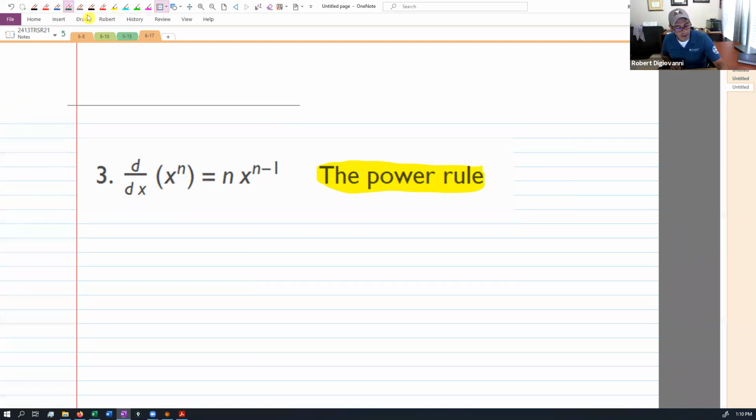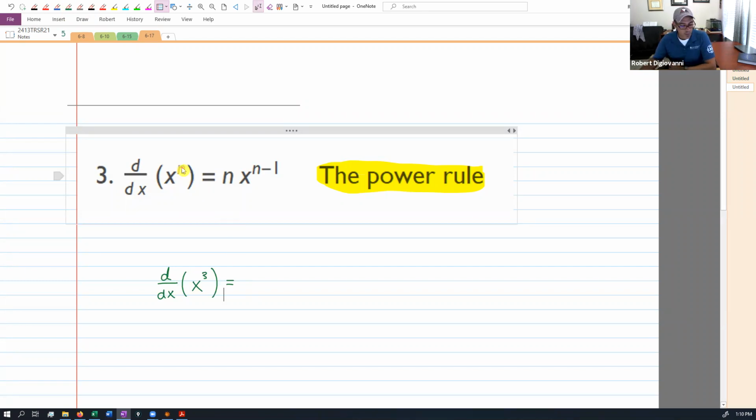so for example, if I want to take the derivative of x cubed, let's say, then according to this formula, the answer will be whatever the power was, you have that out front. So for us, the power is 3, so I'm going to put 3 here. And then I'm going to have x raised to that power that I started with, take 1 away.